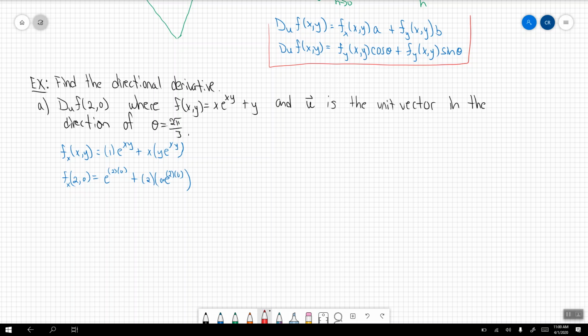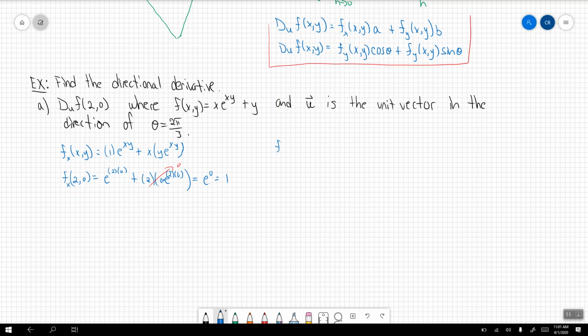Now, as you'll see, since the second term is multiplying by 0, that just goes to 0, and then we just get e to the power of 2. Or sorry, e to the power of 0, which is just 1. My apologies.